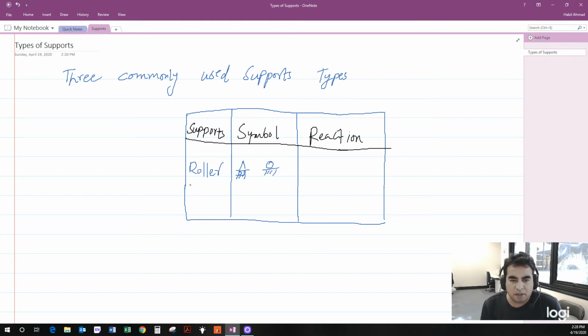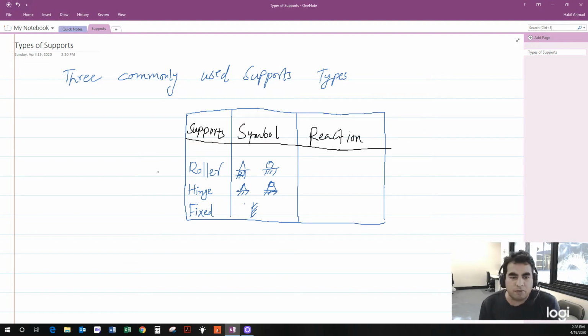Another type of support is hinge support, and the symbol for the hinge type of support is like this, or some people use it like this. Now the third type of support is fixed support, and the symbol for a fixed type of support is like this.